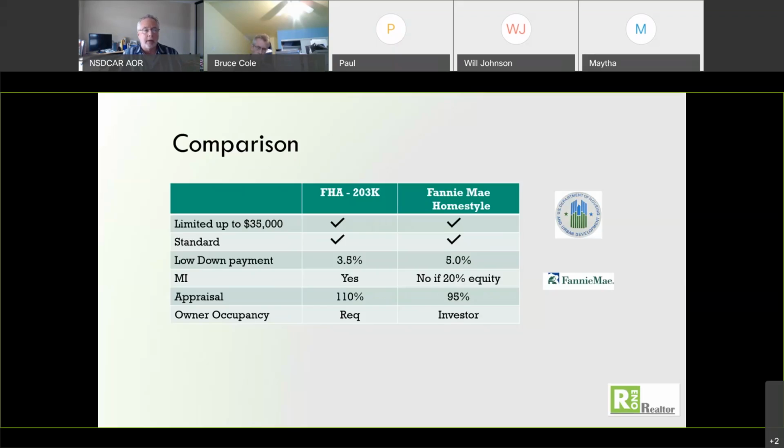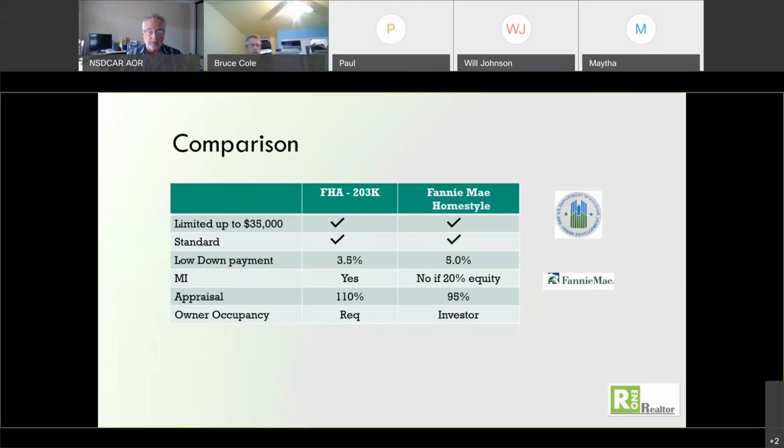So to compare these, FHA and Fannie Mae both have the limited, they both have the standard. You can see there's a distinction between the low down payments between them. Mortgage insurance: here's a distinction between the two. Mortgage insurance is built in and part of the FHA loan. The mortgage insurance can go away with the Fannie Mae HomeStyle product if you can protect 20% equity.